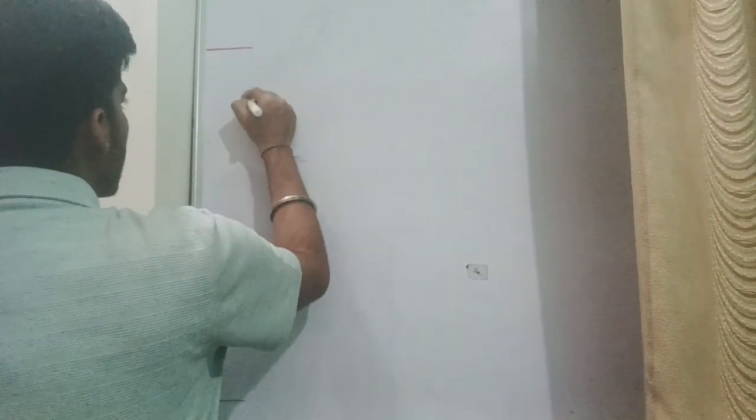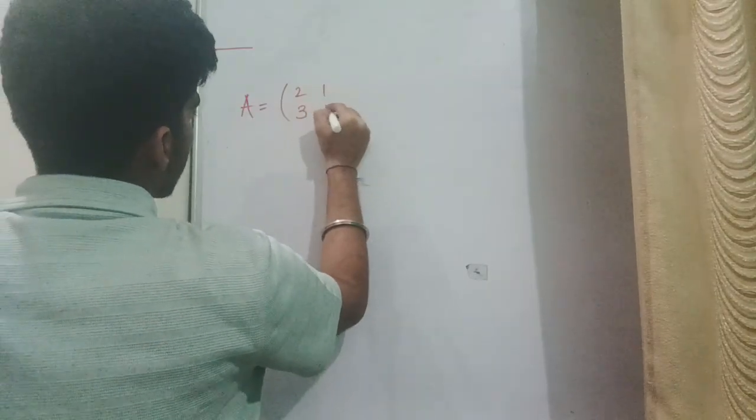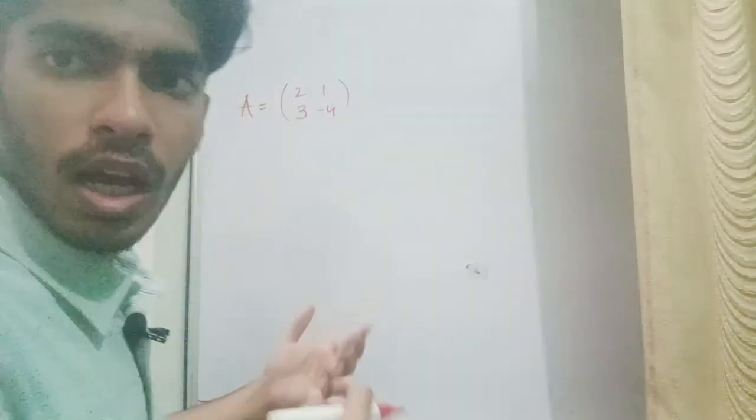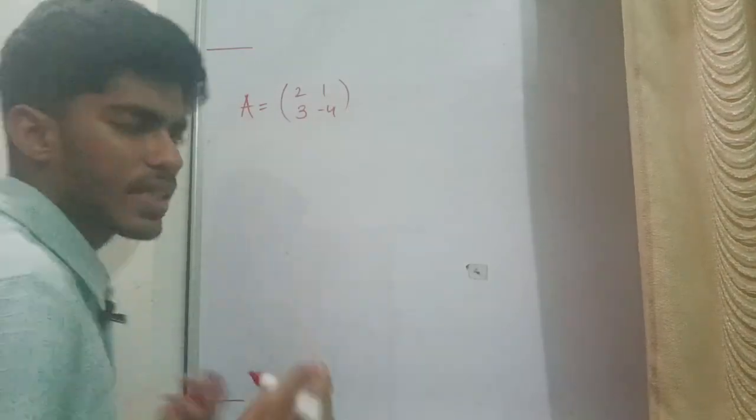So let's say I'm having a matrix A, with first row 2, 1 and second row 3 and minus 4. This is my matrix. And let's say I'm having a scalar. Now, what is a scalar actually?